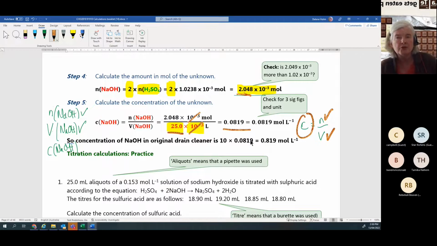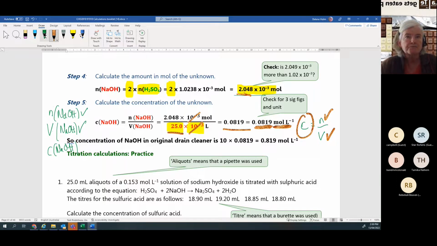And remember, whenever you do an answer, there are 3 things to do. Have you got the correct unit? Have you got the correct number of significant figures? And then the final question you ask yourself is, is my answer sensible?